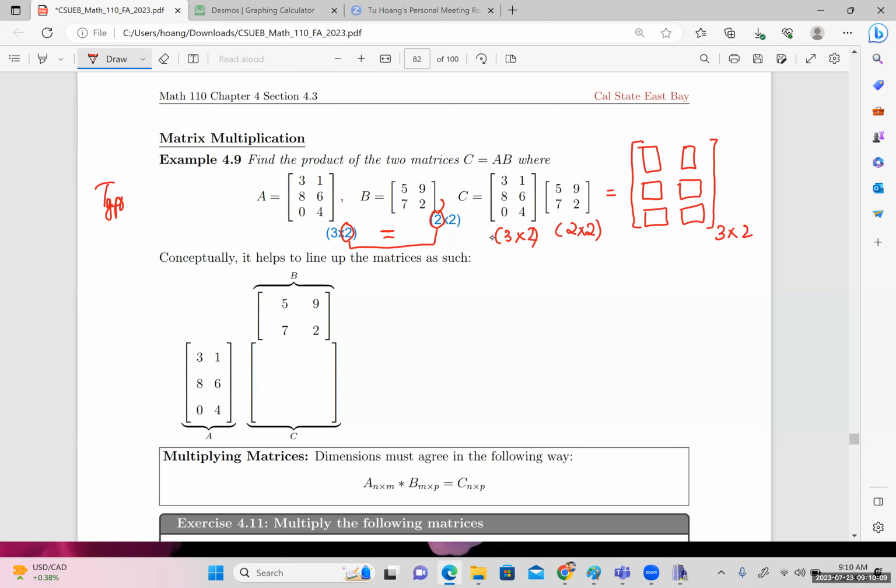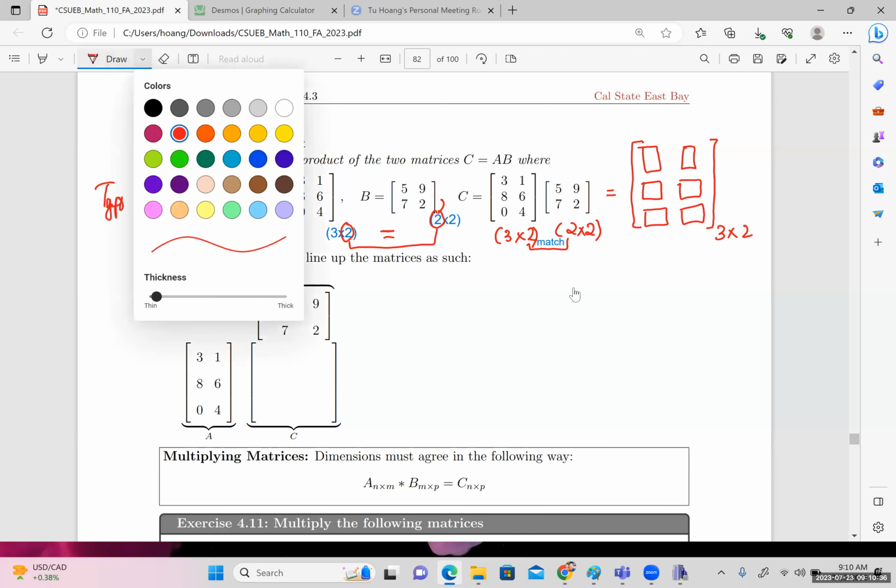So we need the column of the first and the row of the second to be matched.